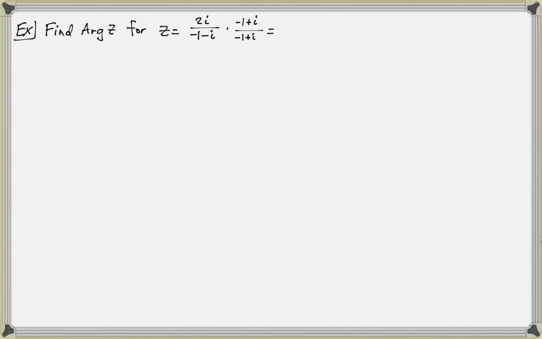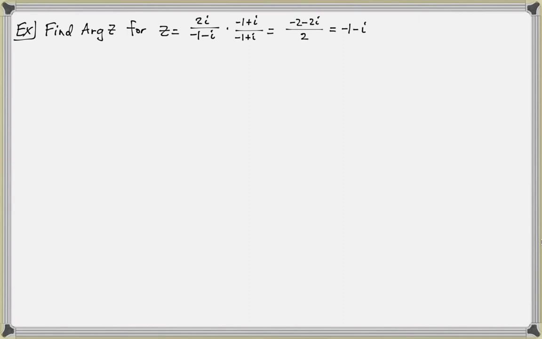And in the numerator, I will get -2 minus 2i. In the denominator, -1 squared is 1, and -i squared is 1, so I get 2 in the denominator. And when I cancel a common factor of 2, I get -1 minus i for the rectangular coordinates of z.